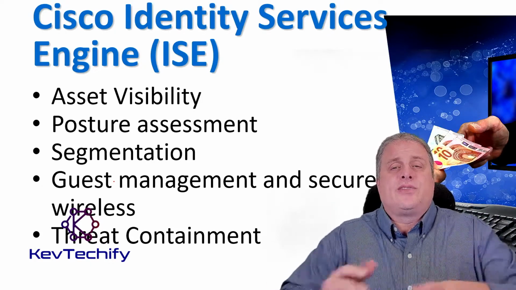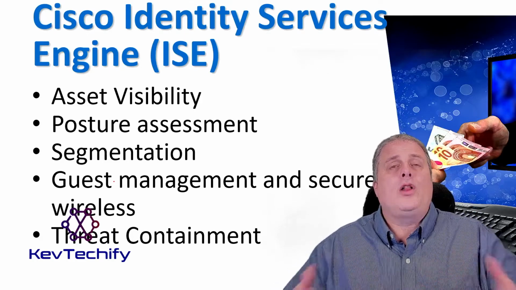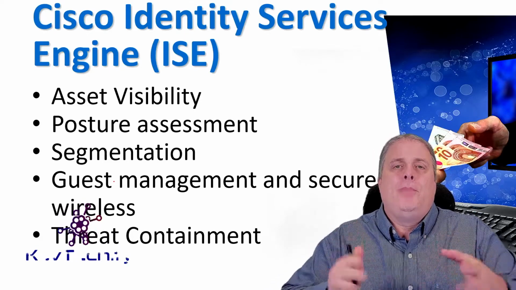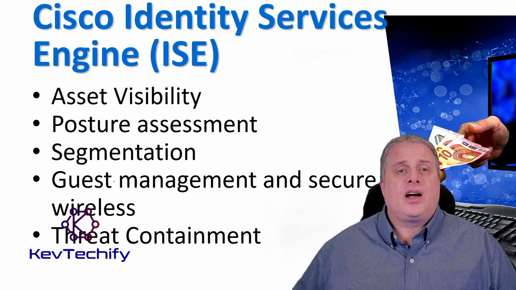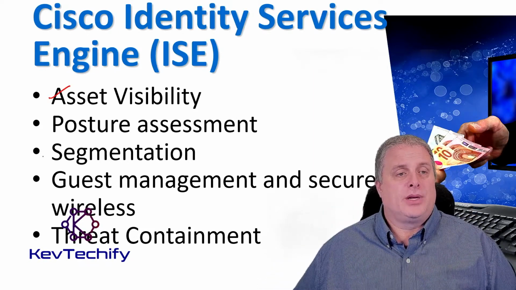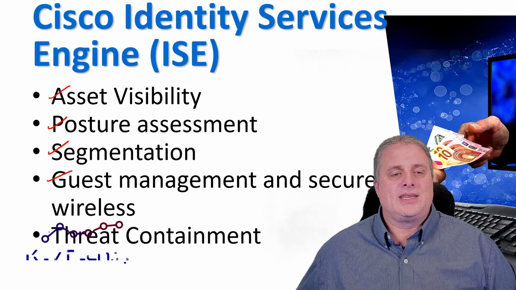Cisco ISE defines fair use access policies and enforces compliance for all end devices, including BYOD, bring your own device. Several features of ISE are asset visibility, posture assessment, segmentation, guest management and secure wireless, and finally, threat containment.